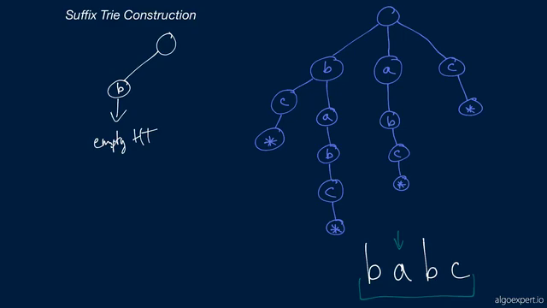So one thing I forgot to mention is that as we're building this suffix tree, as we're adding stuff to this suffix tree, we move along with it. So perhaps to make this clearer, let me erase this empty hash table. We know that B is pointing to empty hash table.